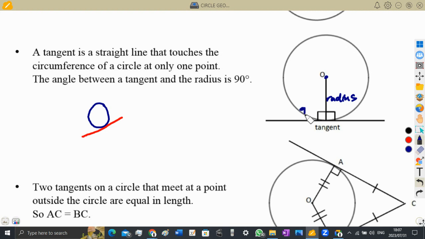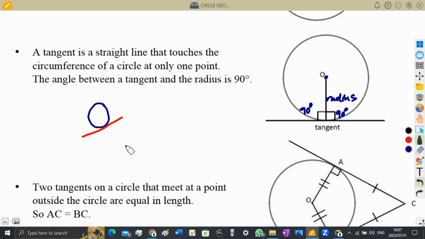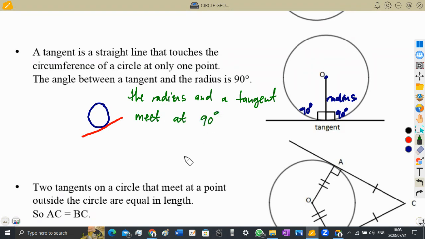So this angle on this side will be 90 degrees, this angle will be 90 degrees. So our theorem is: a radius and a tangent meet at 90 degrees.